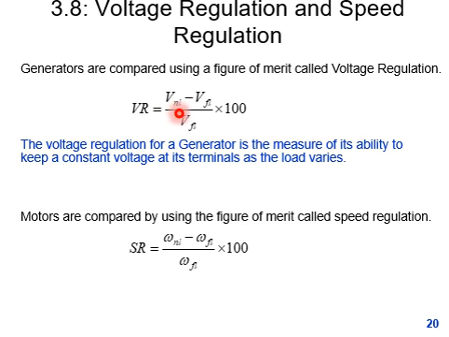So VNL represents no load voltage and VFL represents voltage with full load. So this is the formula for voltage regulation, and this is the ability of a generator to keep a constant voltage at its terminals as the load varies.